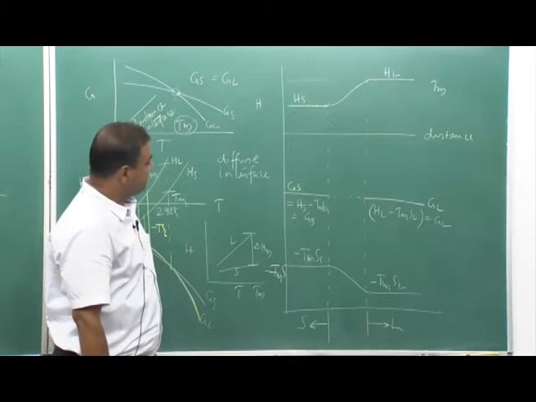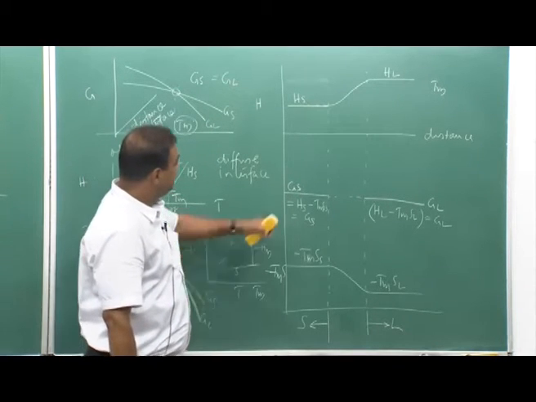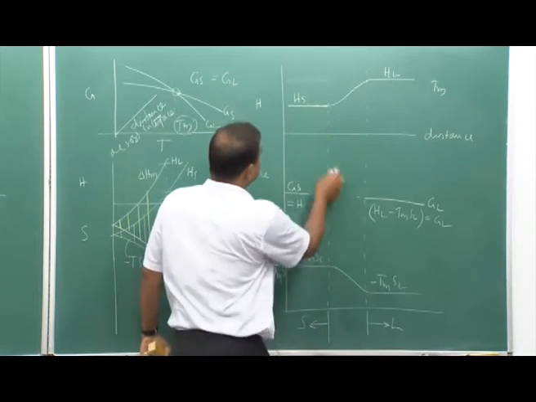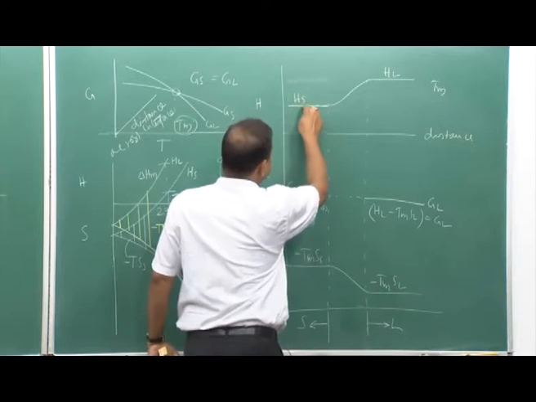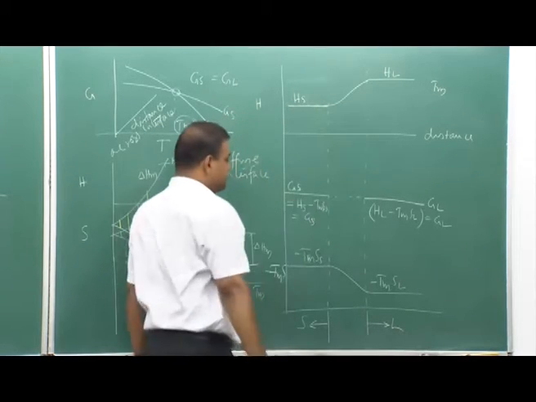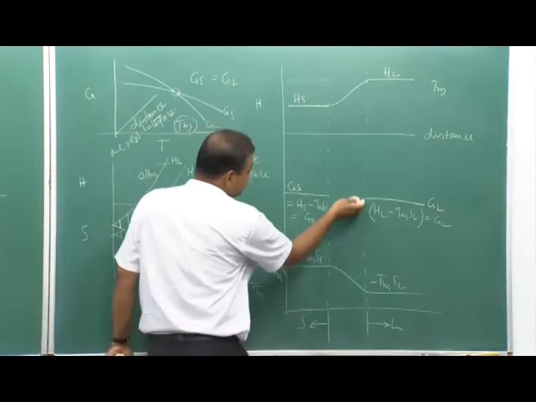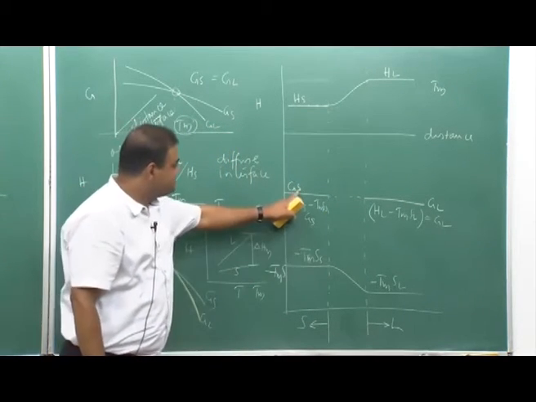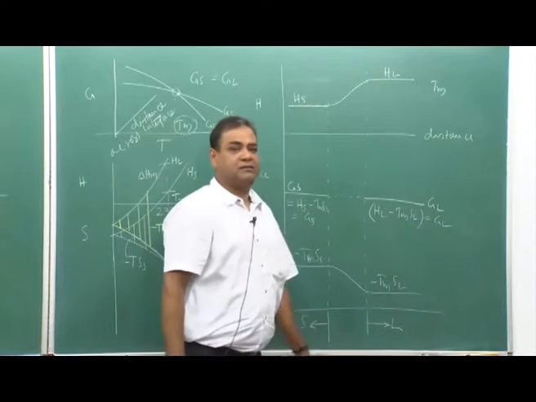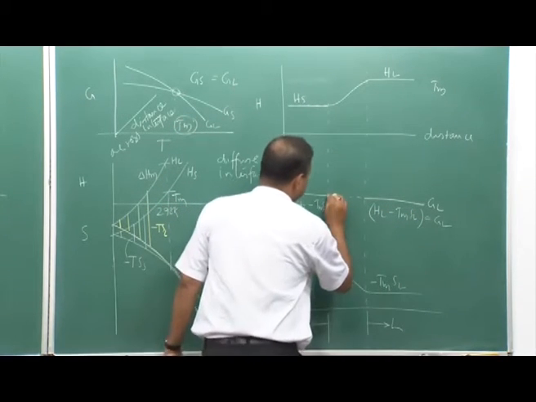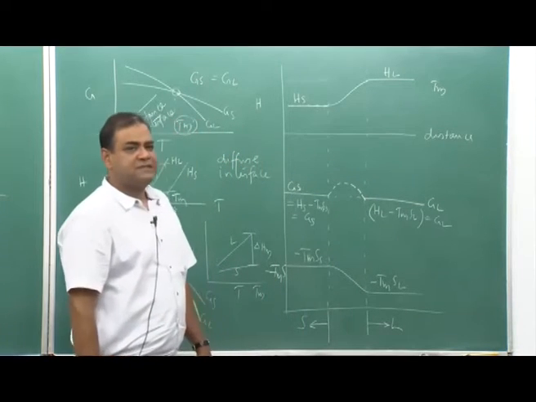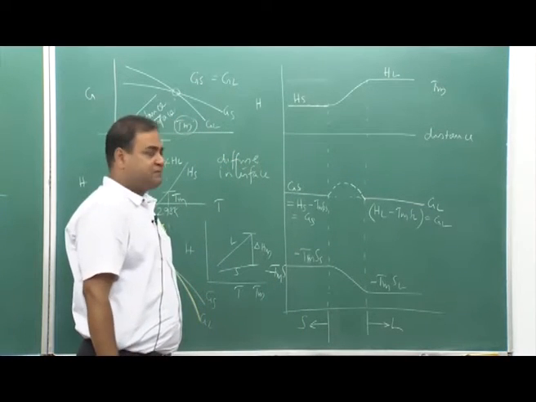Now, interestingly, if we subtract the TS term from the H term, you will see that across this interface, this G_s is not going to be G_l. So, they would have a positive energy hump.